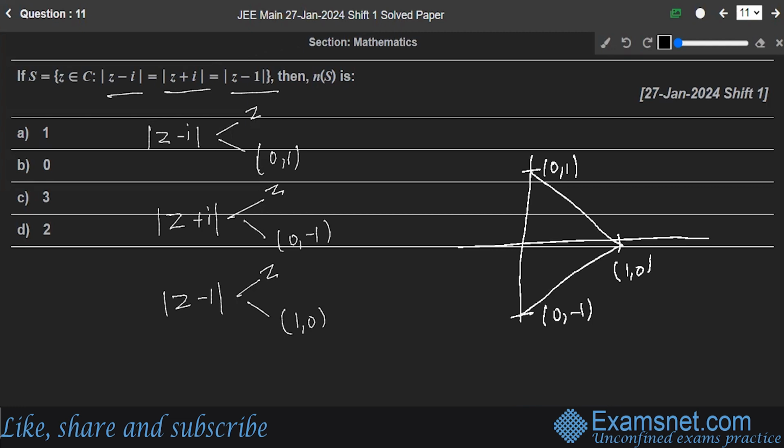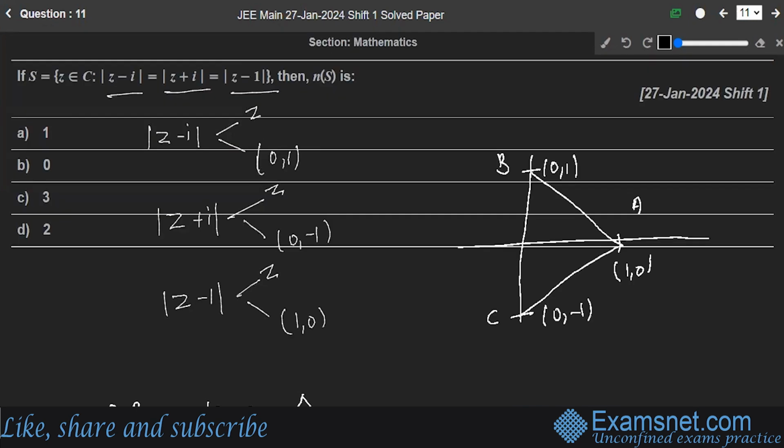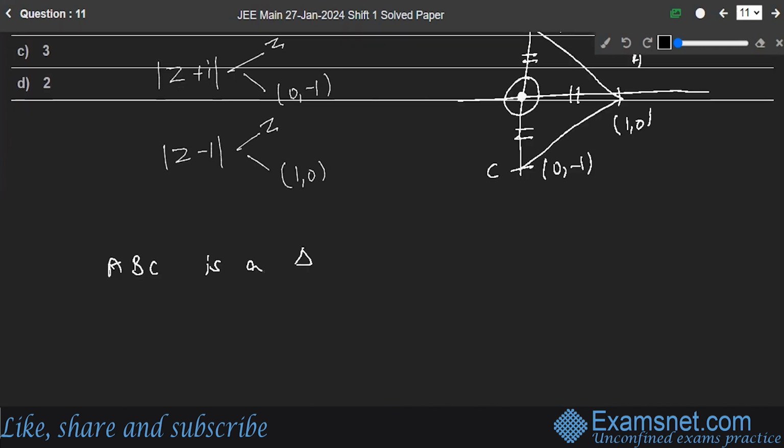Let's name them: this is point A, this is point B, and this is point C. Now ABC is a triangle. And from here, its circumcenter is the only point which is equidistant from B, from C, and from A. So these distances are equal. Circumcenter is the only point, which in this case is your origin.